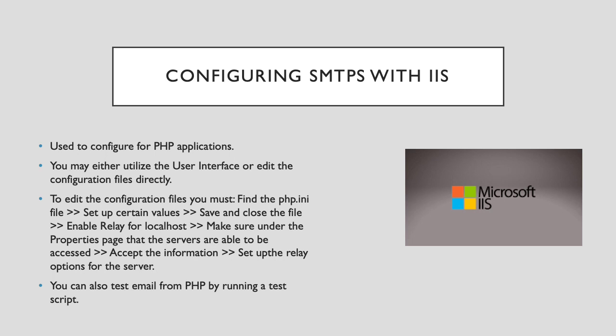You may also restart the IIS if this does not work. You can also test email from PHP by running a test script. The test script should say something like: if (mail('user@mydomain.com', 'test message')) and then echo OK, and then close it and then place an else statement there as well.